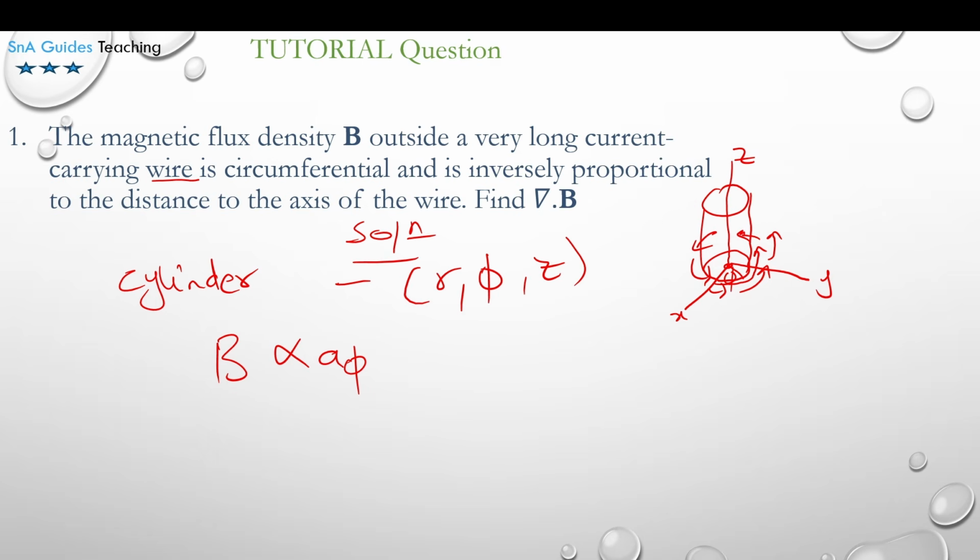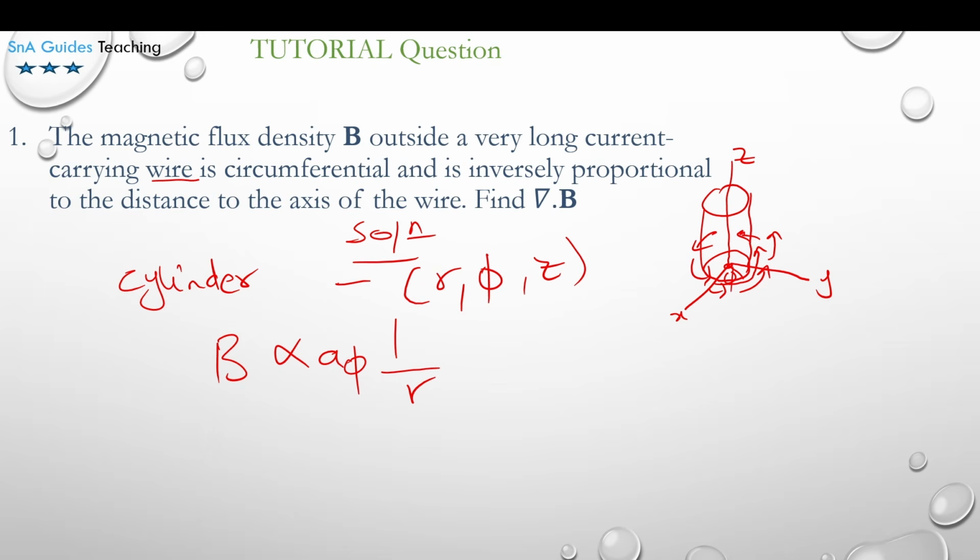And since the question is saying the magnetic flux is circumferential, wrapping around it, it's going to be in the a phi direction. Now it's inversely proportional to the distance to the axis of the wire, which is the radius, right?